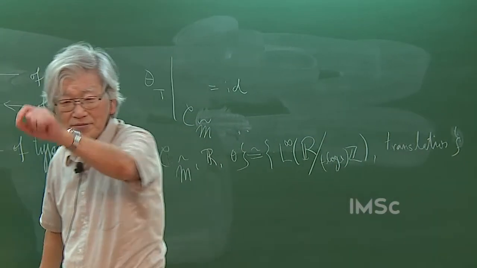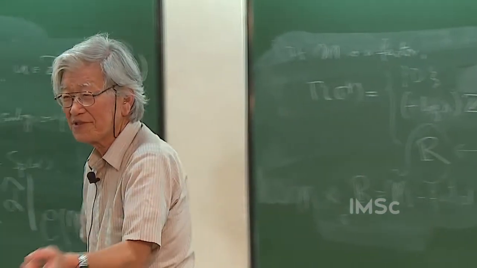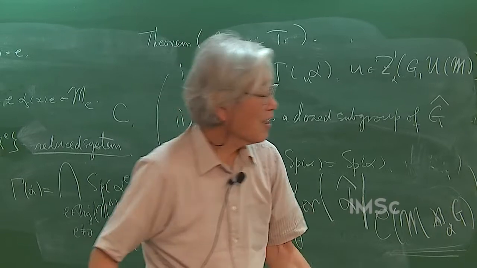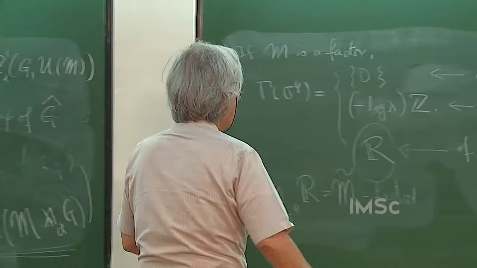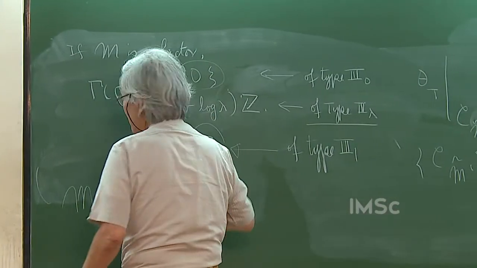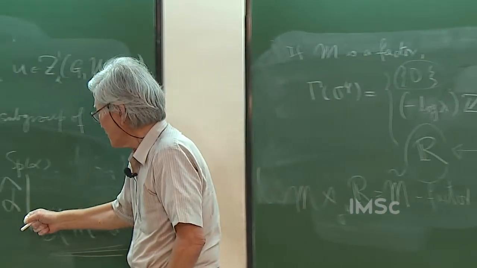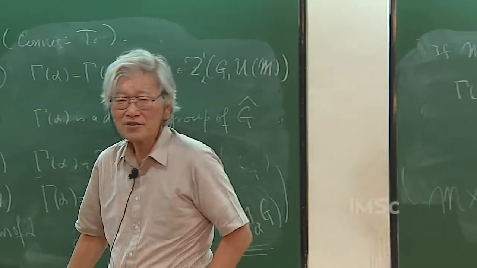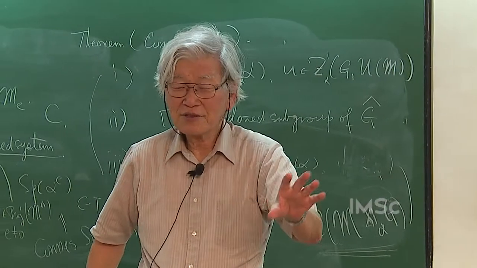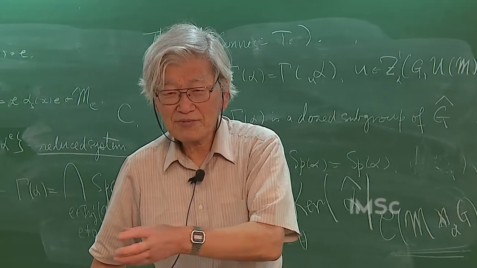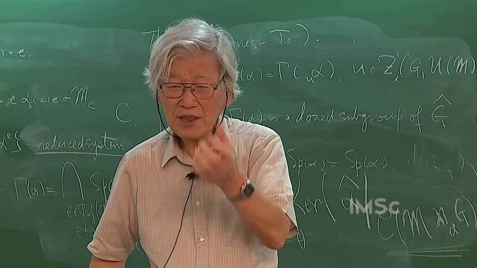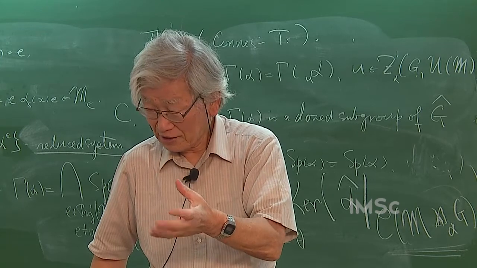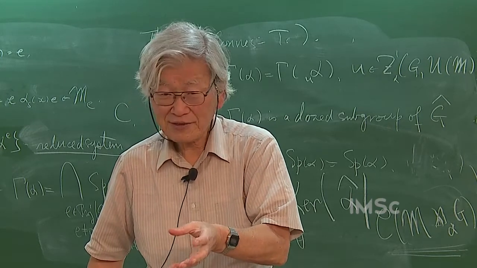So that becomes very visible. This one is now the real line's action on the center, where nobody is trivial, so it moves everybody. Okay, then the case is ergodic at the same time if M is a factor.